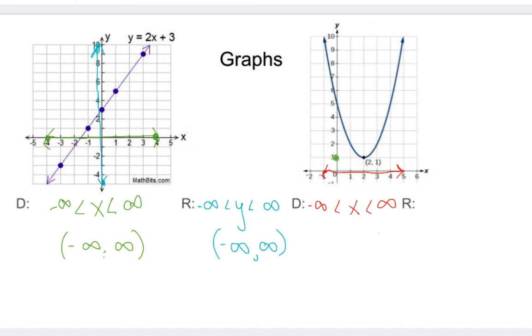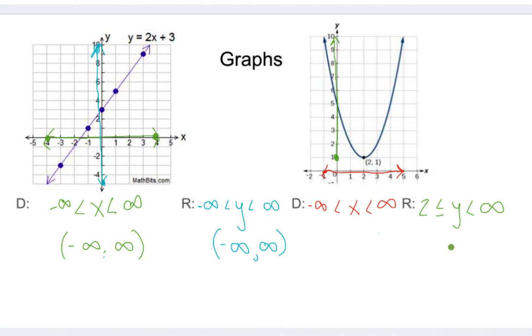There's no arrow going down because it literally starts there. We're going to go up with an arrow. So that means it starts at 2. That's the lowest the range goes. And it's less than or equal to because it includes the number 2. Remember, that's a y. And up to positive infinity.